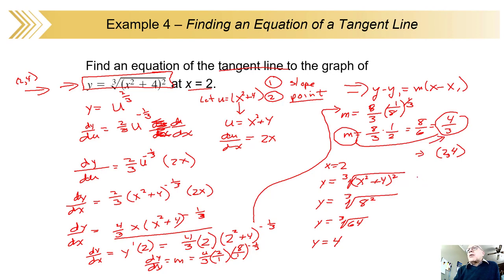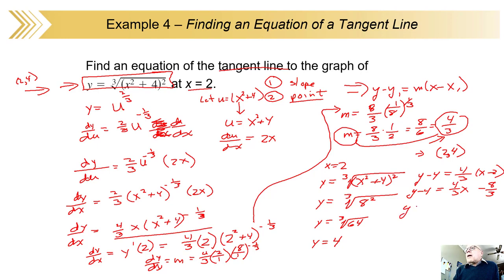I'll put them together. y minus 4 equals 4/3 times (x minus 2). There's my equation before the cleanup. So y minus 4 equals 4/3 x minus 8/3.